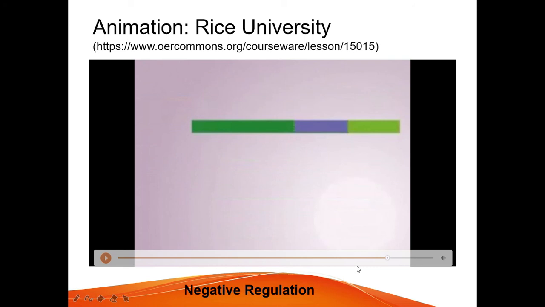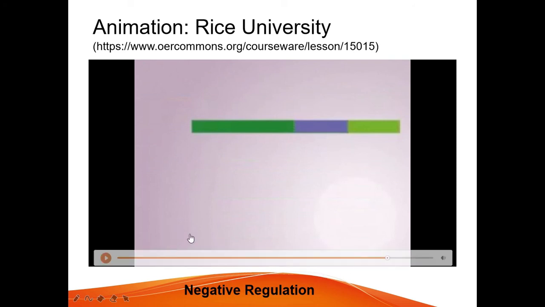For example, if only negative regulation is removed and there is no positive regulation kicked in, only about 10 molecules of mRNA are produced. If positive regulation kicks in, when CAP protein and the CAP-cAMP complex bind to the promoter site, the transcription level increases 10 to 100 fold.